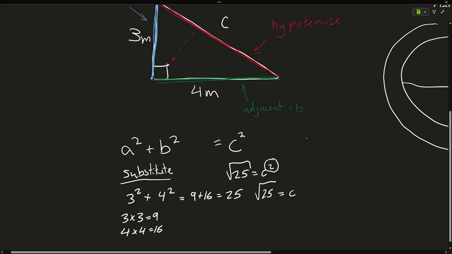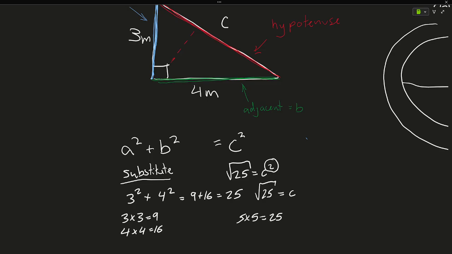So the square root of 25, if you go 5 times 5 equals 25. So you're dividing it by 5, which will give you 5. So C equals 5.